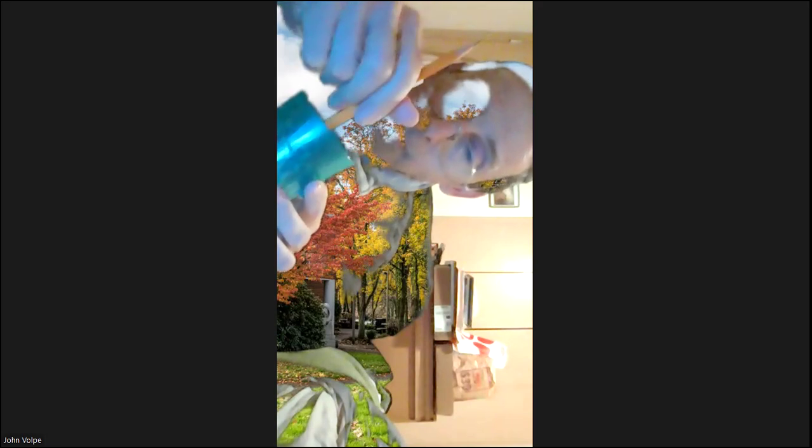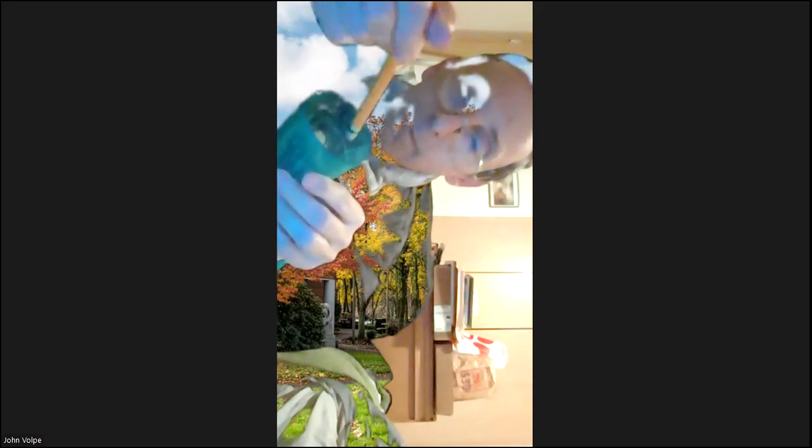This is a sterile swab. Put it in the liquid, and then you get the worst of the liquid off the swab by touching it to the inside of the tube, touching the sides, just to remove a little bit so that there isn't a dripping amount on the swab.